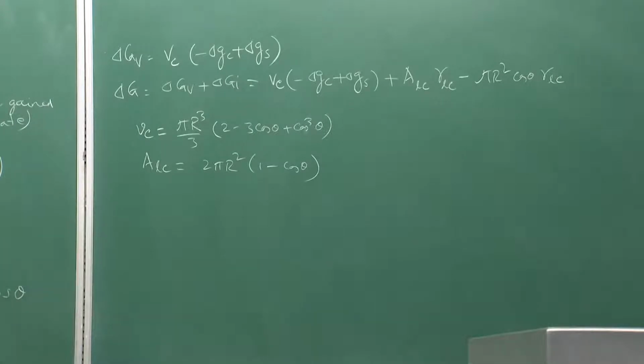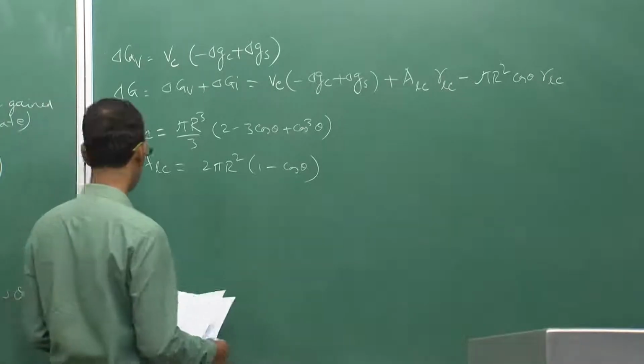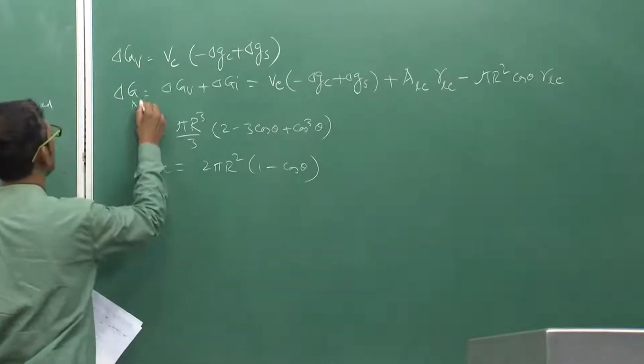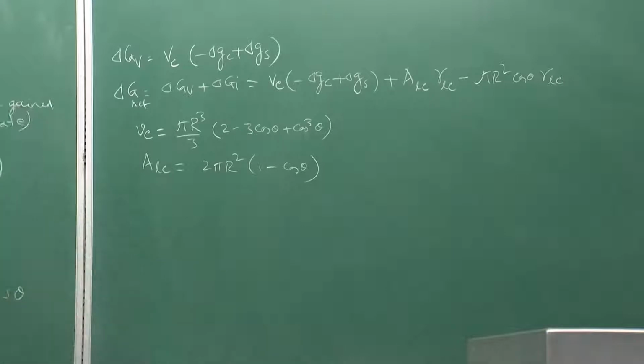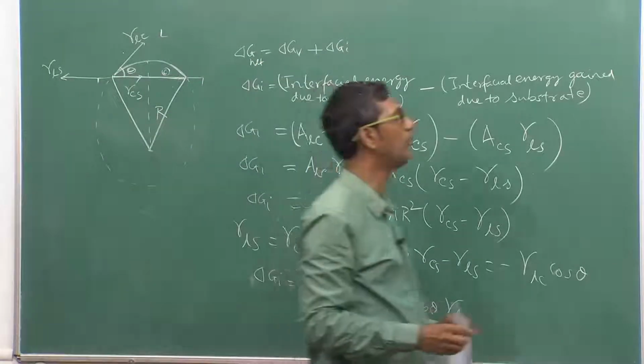Correct. Now once you put everything there, you will get a delta G star. Let us write down, this is heterogeneous, that's better because the homogeneous one was delta G homogeneous.